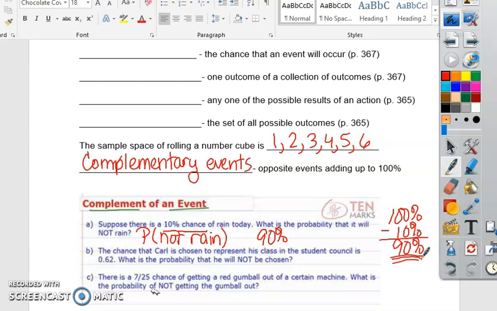So our events should add to 100% or one whole, okay? So right now, guys, they might say complementary events, or they might say find the probability of the complement, okay? Just so you know. Basically, when they're saying that, you're thinking of the word not. Please write that down.